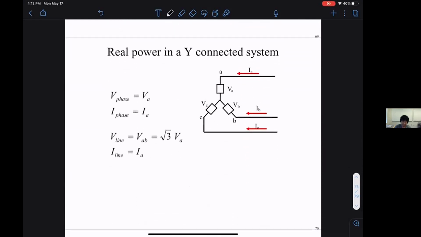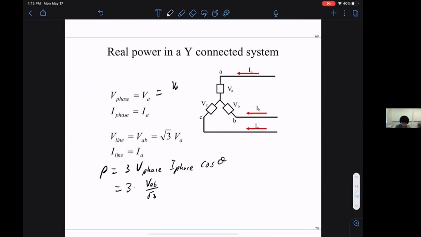For a Y-connected system, it's the same picture. I have P as 3 times V phase I phase cosine theta. Recall that V phase is VAB over root 3, so this is another root 3 times IA cosine theta.